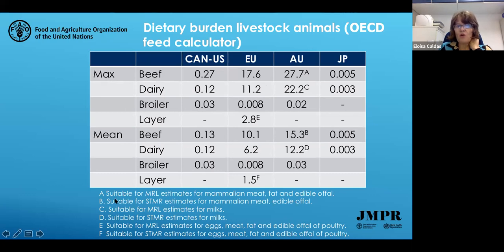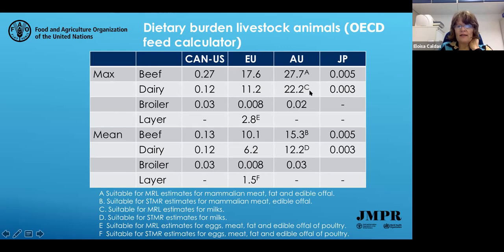And below, it tells you that for beef cattle, you should choose the highest dietary burden, which came from Australia. That's what you're going to use to estimate the maximum residue level and the HR for mammalian meat, fat, and edible offal. Here it's 22.2, and the data also comes from Australia.